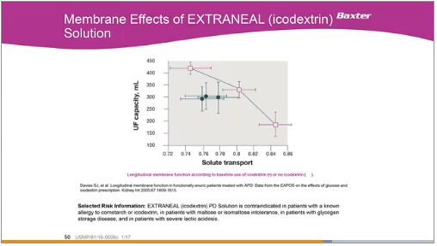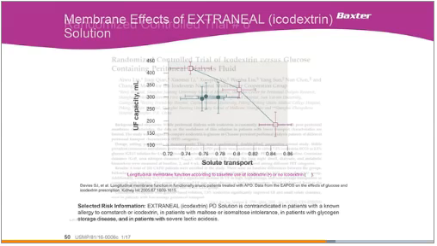And over the study, in this published study, over time, the Extraneal group showed membrane preservation. There was not this migration toward higher transport status. Again, it's a non-dextrose solution. So that was an important study that gives some information about internally the effect on the membrane.